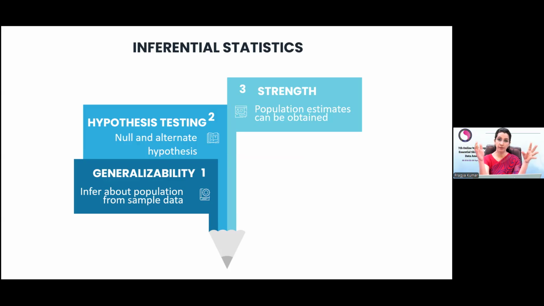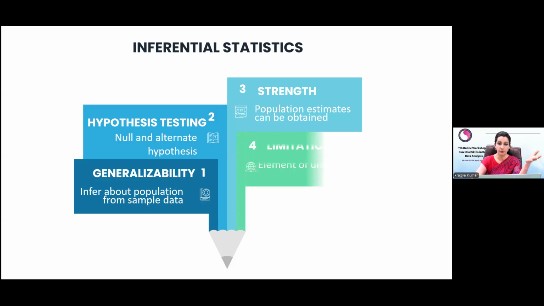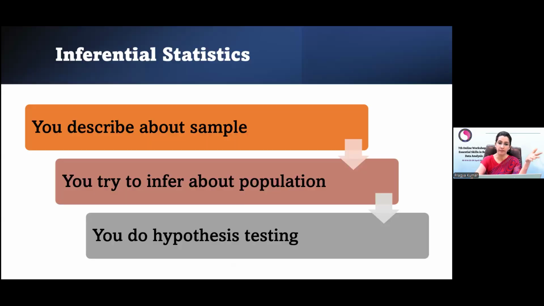That tells you that if the study is repeated, another researcher will have values between the two boundaries. So that is about the population, and some element of uncertainty will be there.